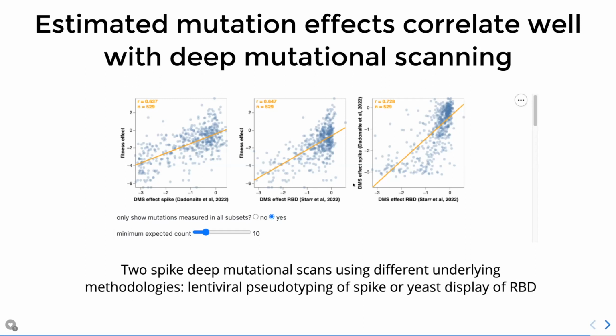If you look at the mutations that are measured in common in those 2 experiments, which are 2 different experimental methodologies, the measurements correlate with each other with a correlation coefficient of 0.73. And that's almost as good as the correlation coefficient of these fitness estimates from natural sequences with either of the experiments. So I think this suggests that these estimates are of comparable accuracy to experiments and are probably worth viewing as almost experimental quality measurements.